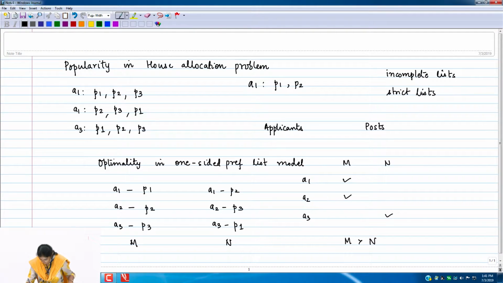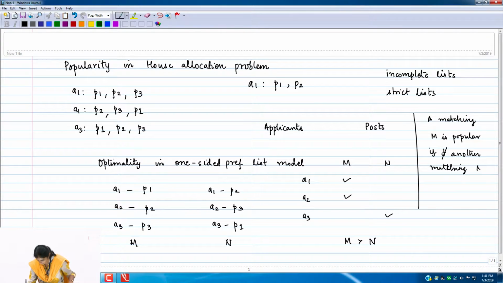So I'll again write down: a matching M is popular if there does not exist another matching M prime such that M prime is more popular than M. So note the similarity. Stability was defined by the absence of a blocking pair. Similarly, popularity is defined by saying that if there does not exist a more popular matching, I will say that matching is popular.